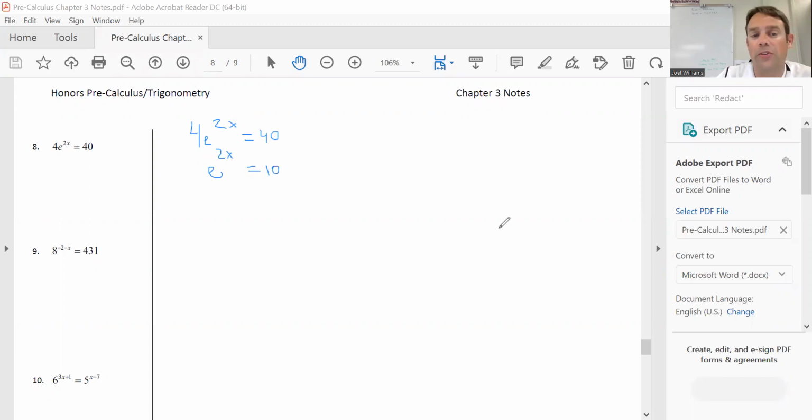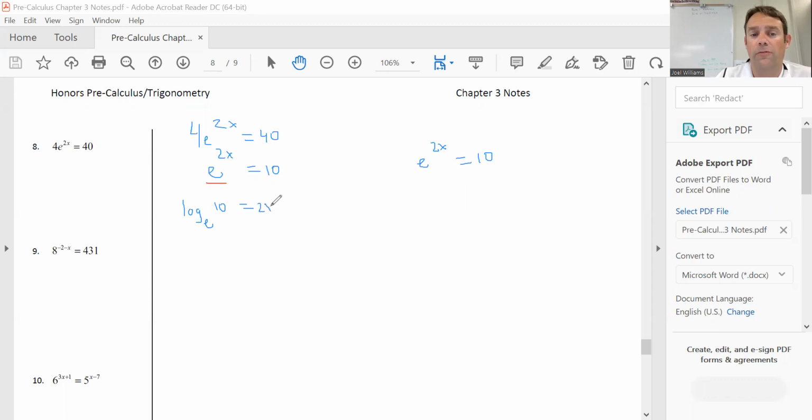Now I got a couple different ways I could go about doing this. First way I could do this is, since I'm stuck in exponent form, I can go to log form. So I can make that base be the base of my log. So log base e of 10 equals 2x.